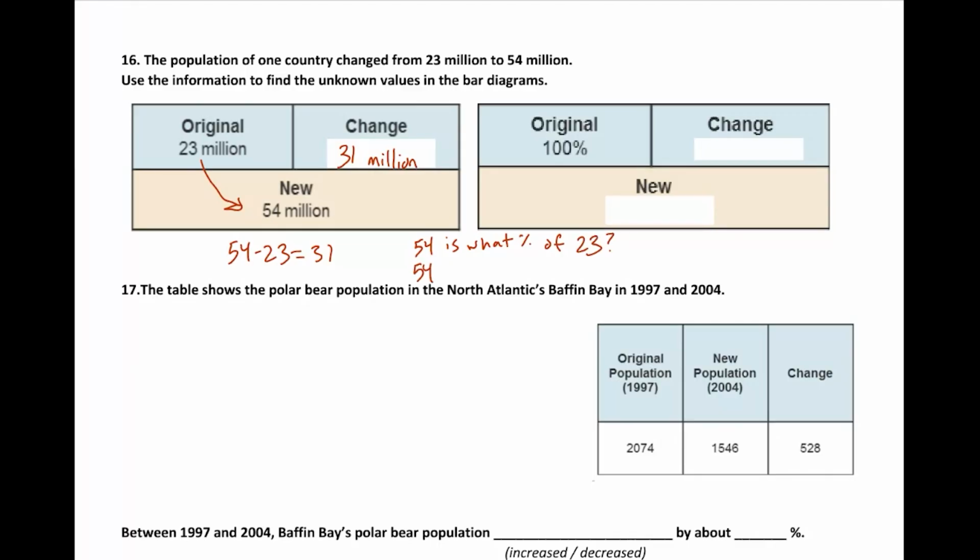Or 54 equals X percent times 23. If we divide both sides by 23, 54 divided by 23 is 2.43, I guess we could round it to like 2.35.